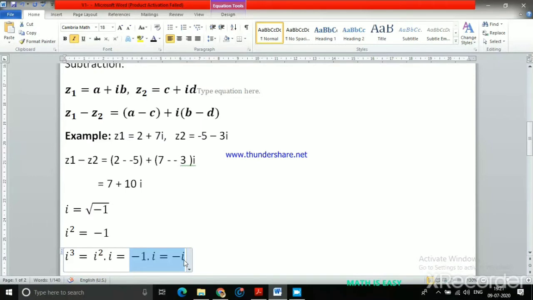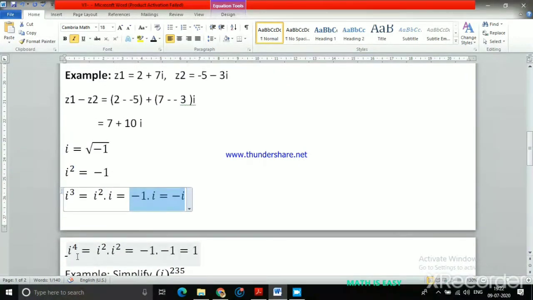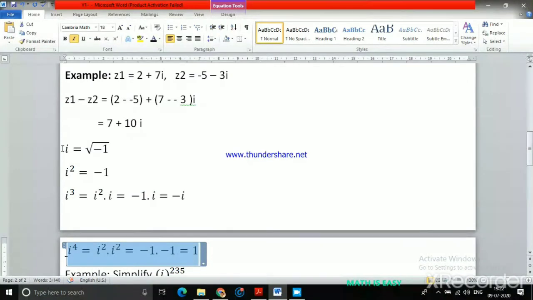Now if I want to find i to the power 4, it is i squared into i squared, that is minus 1 into minus 1, which is plus 1. So i to the power 4 is plus 1. These 4 values you have to remember.